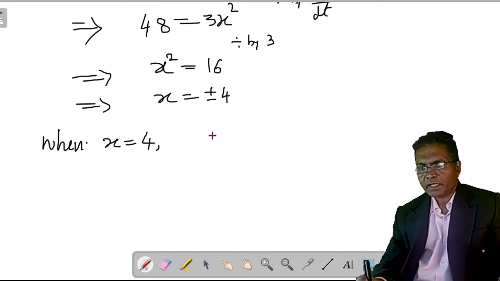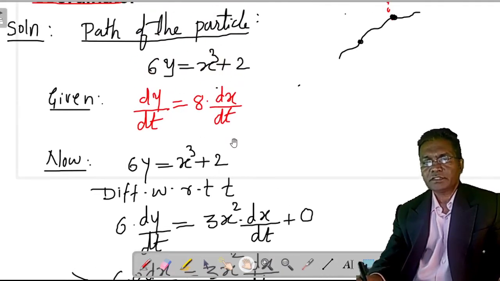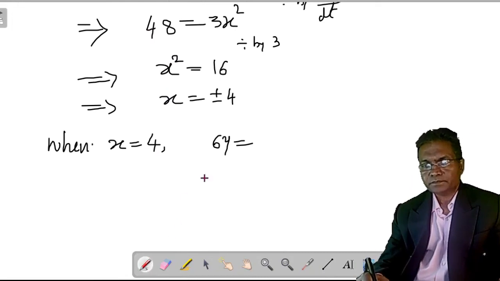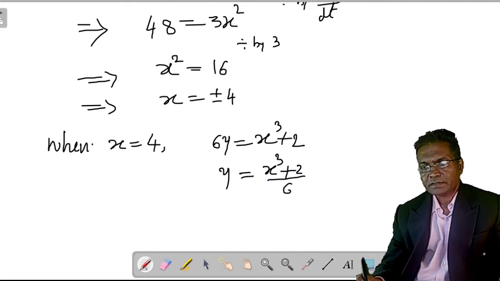You are given that 6y is equal to x cube plus 2. So y is equal to x cube plus 2 by 6.